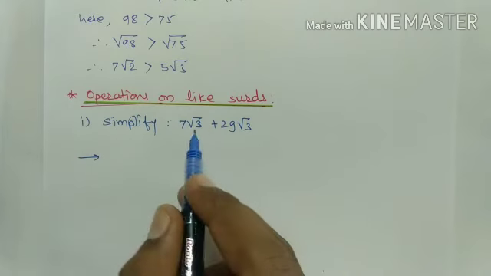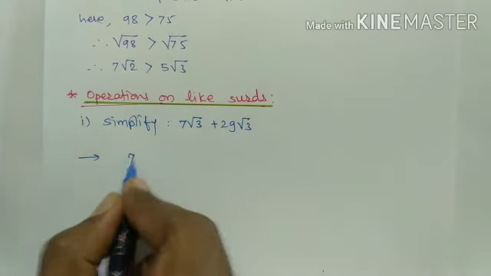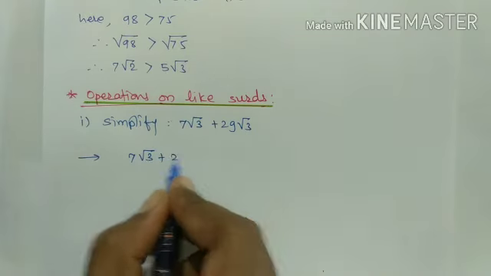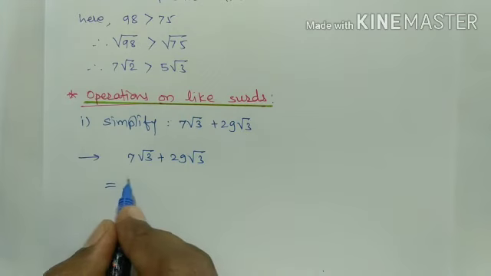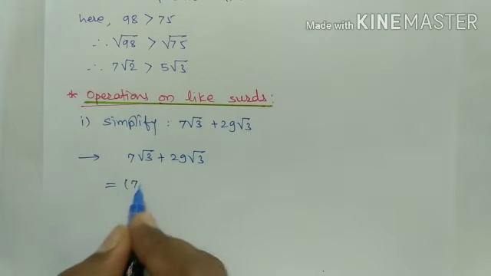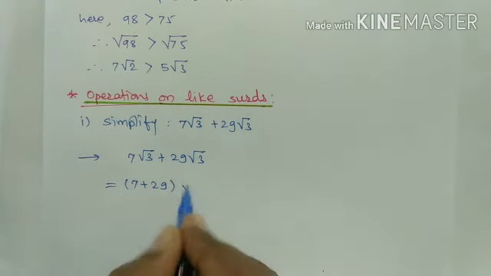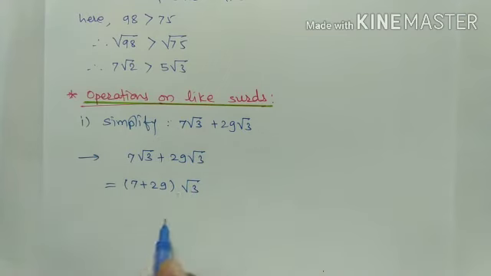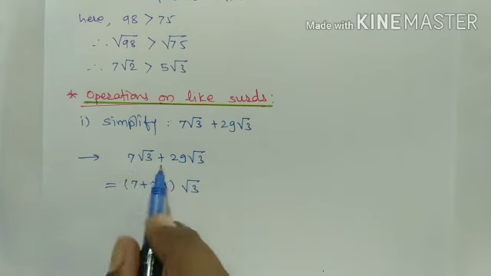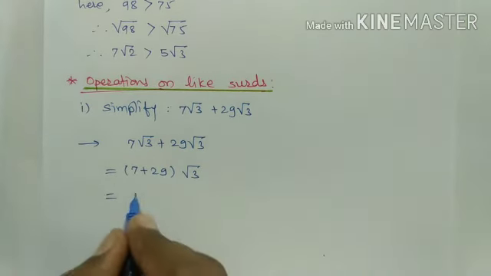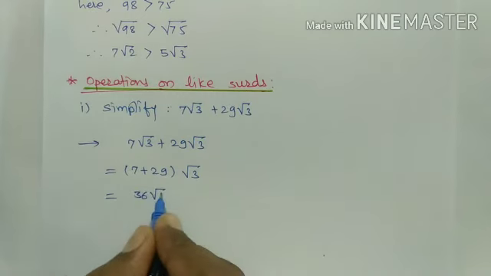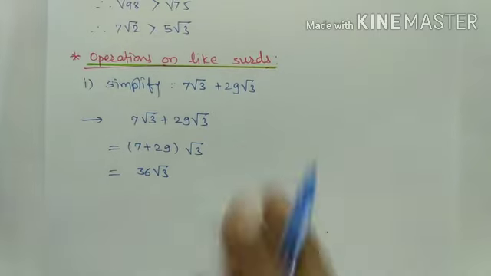That's why here we can add these two surds. 7 root 3 plus 29 root 3 equals 7 plus 29 in bracket, root 3. Here root 3 is common. That is 36 root 3. This is the addition of these two like surds.